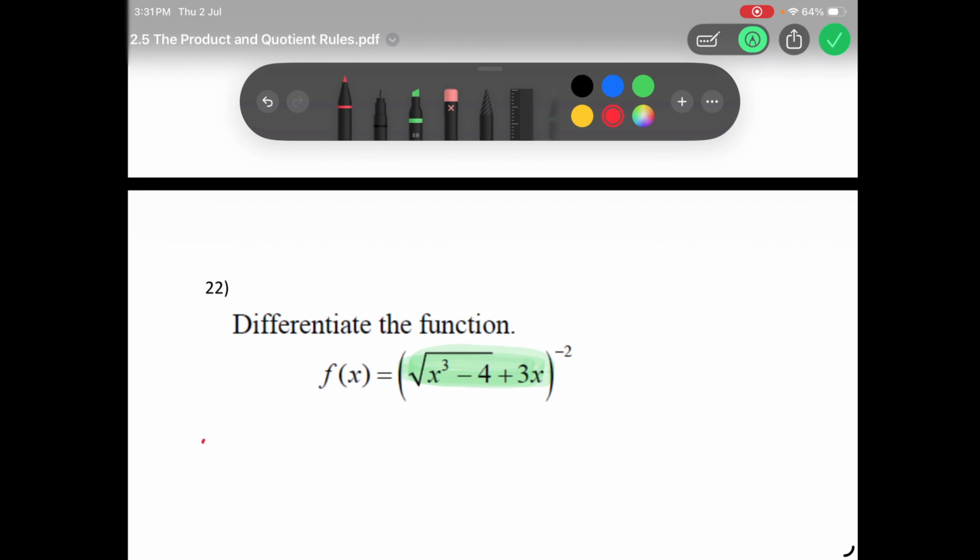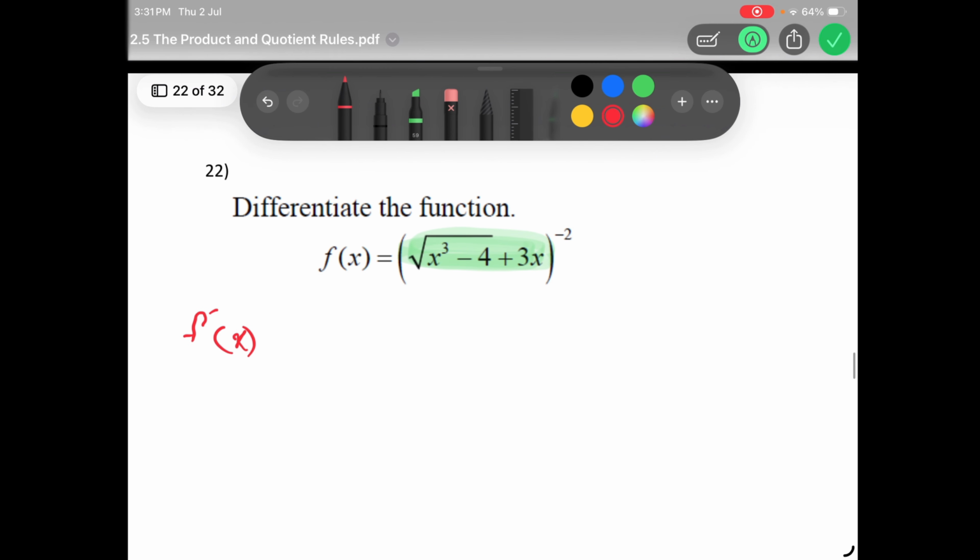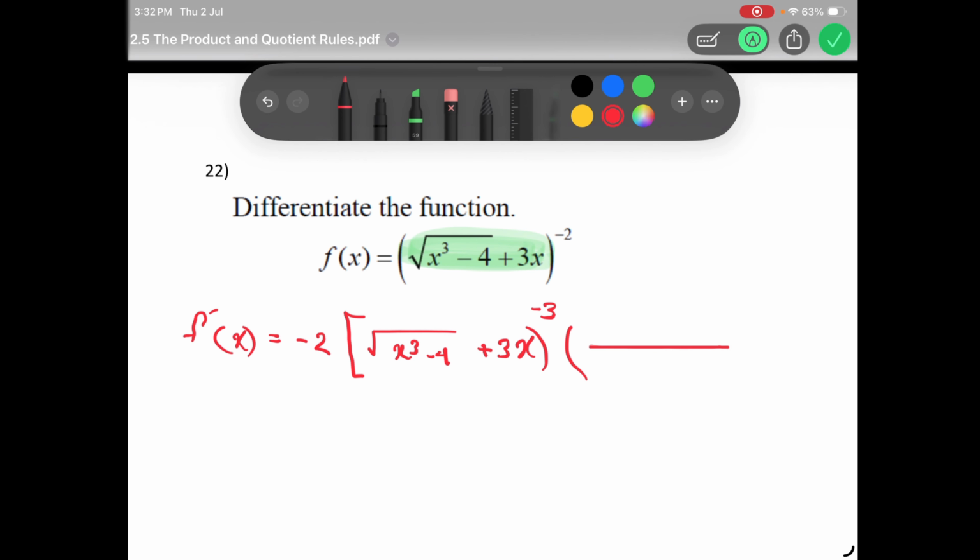So f prime here: I will drop this power as it is, minus 2. I will keep the inside function as it is, x cubed minus 4 plus 3x. We will reduce the power by 1, so it will be minus 3. Then I will differentiate the inside function. The inside function has a square root, and for a square root we have a special thing to do.